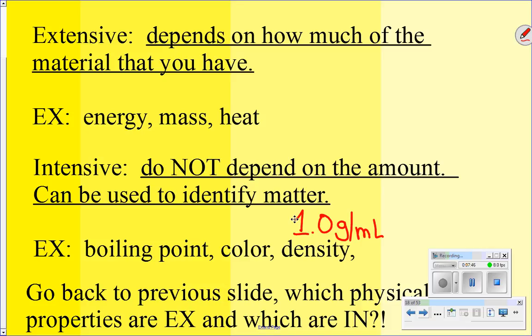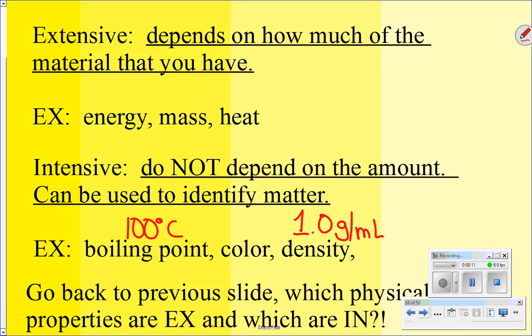The boiling point of water is always 100 degrees Celsius. It doesn't matter if you have a ton of it or just a small amount. This is also typically true for color. If you take a large piece of a rock, any individual piece of that rock has the same density and would have the same boiling point. It doesn't matter if you break it down into smaller pieces.